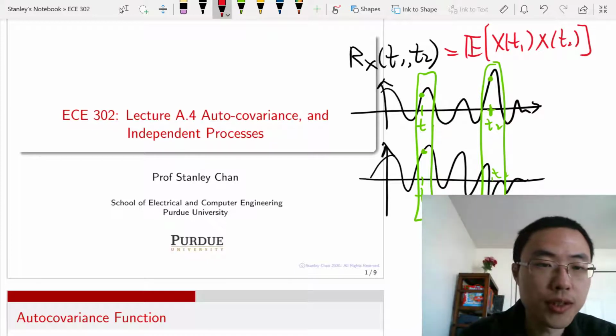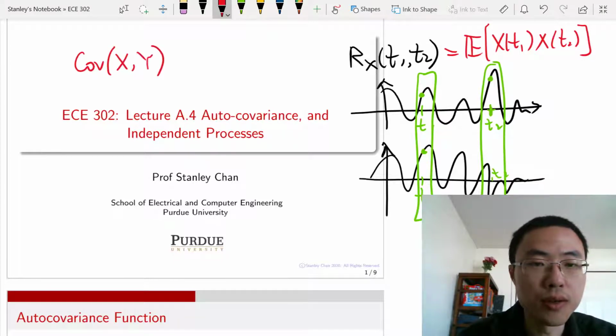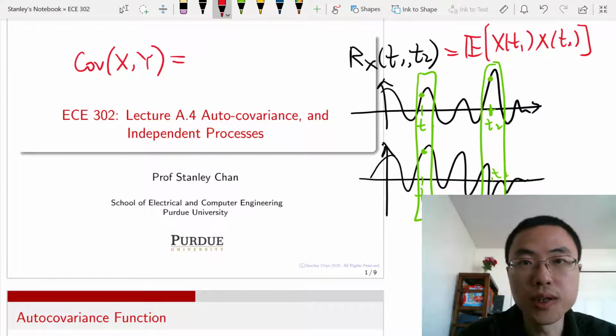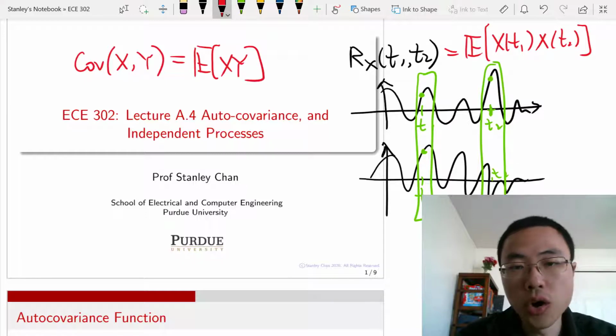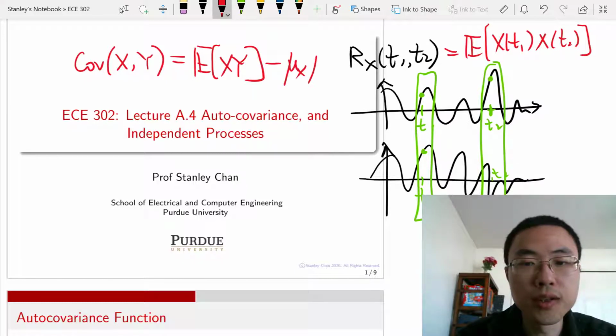Now, we have also said that in the random variable case, you can talk about a pair of random variables, and then you can define what we call the covariance. The covariance is defined as the correlation minus the mean.